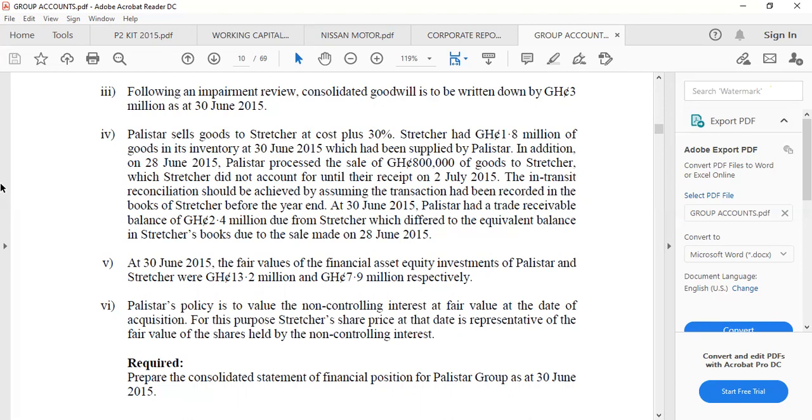So it means that the difference between the trade receivable balance of Polyester and the trade payables of Stretcher was as a result of the 800, isn't it? So in the trade payables of Stretcher, they are having 1,600 as payables to Polyester, but we should assume that we have done that already.